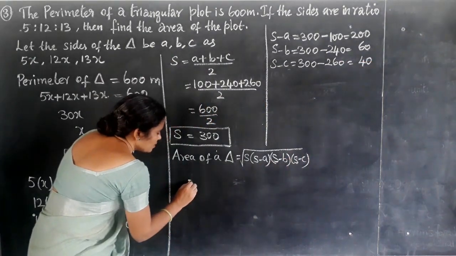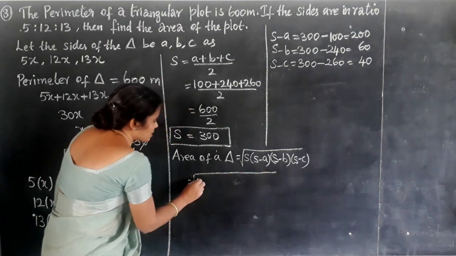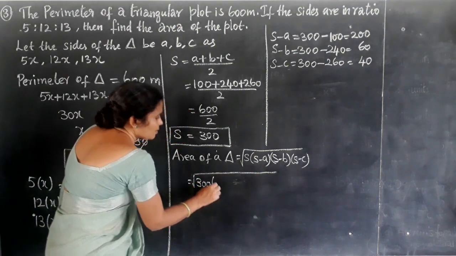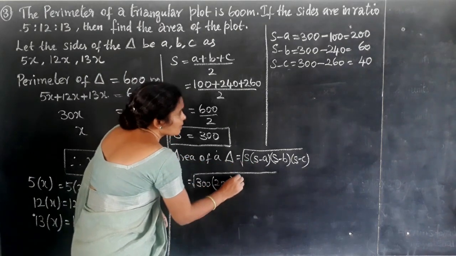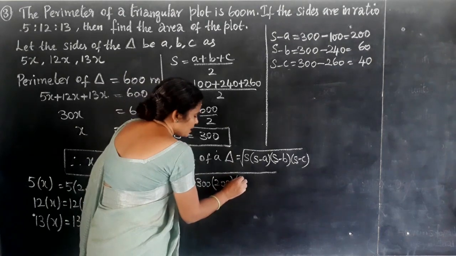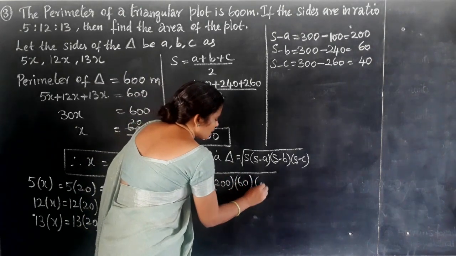Now it is equal to the square root of S 300, S minus A 200, S minus B 60 and S minus C 40.